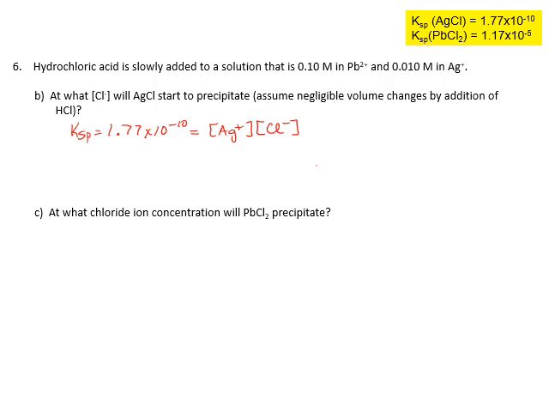So like we did in the previous problem, we could solve this equation for the chloride concentration, which equals KSP divided by the silver ion concentration, which we know in this problem.